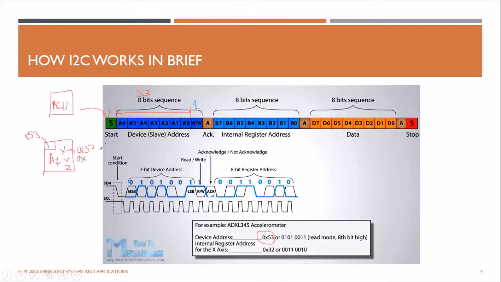Then, if you want to read this X register in the accelerometer, you have to tell this sensor, this is where I want your data. So you again have to write 8 bits of this address, which in hexadecimal is 32. You write that address, and then again an acknowledgement signal will be generated.